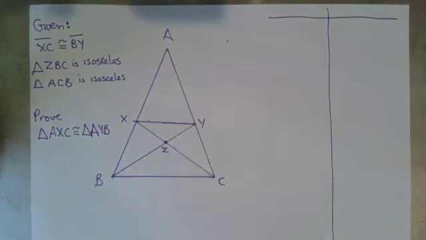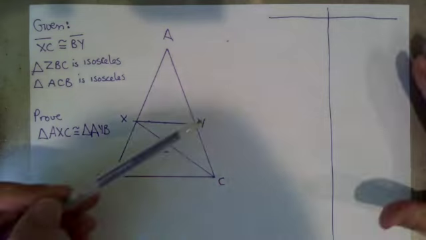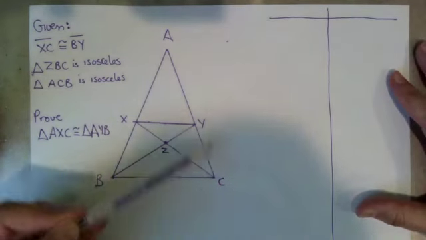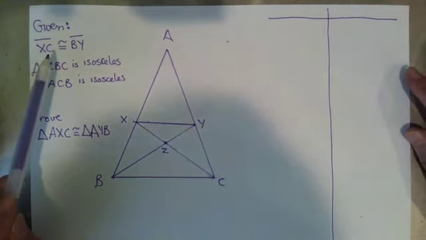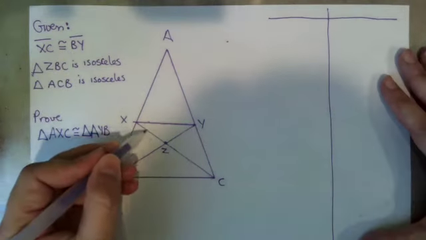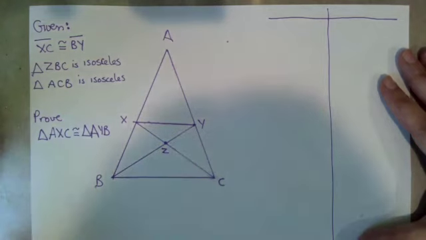Okay, let's examine what we're working with today. Again, we see a triangle, but we also see possibilities for lots of overlapping triangles here. Given: XC is congruent to BY, so this long side is congruent to this long side.